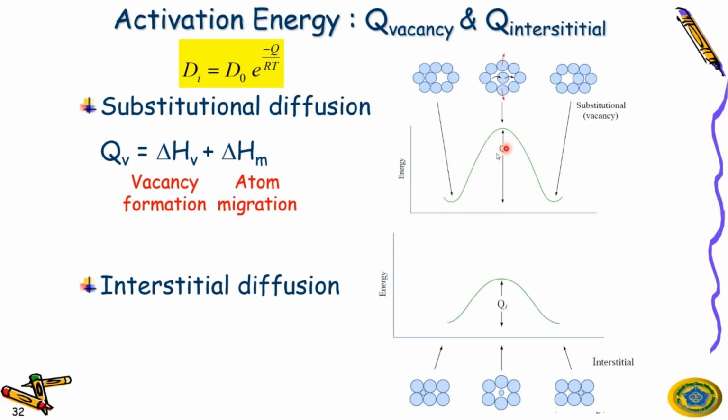The substitutional diffusion will include vacancy formation and atom migration. However, for the interstitial, there is no vacancy formation. You don't need to form the vacancy. So only atom migration. So as you know, the energy of the interstitial diffusion will be smaller than the energy of the substitutional diffusion. And that's why small atoms move faster in terms of diffusion, right?